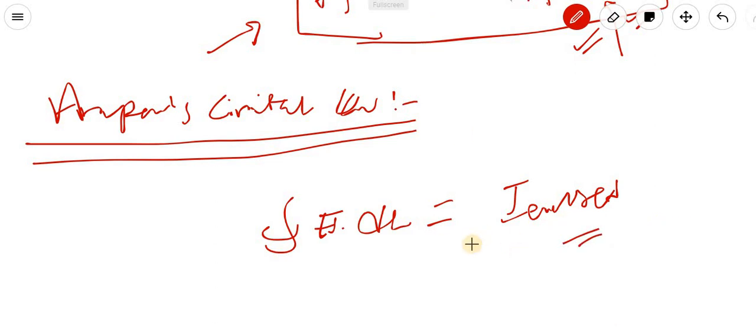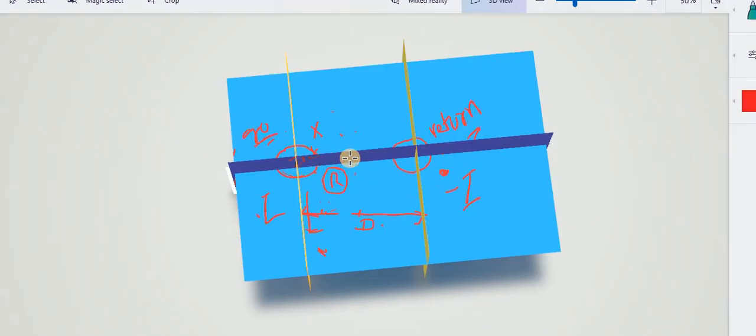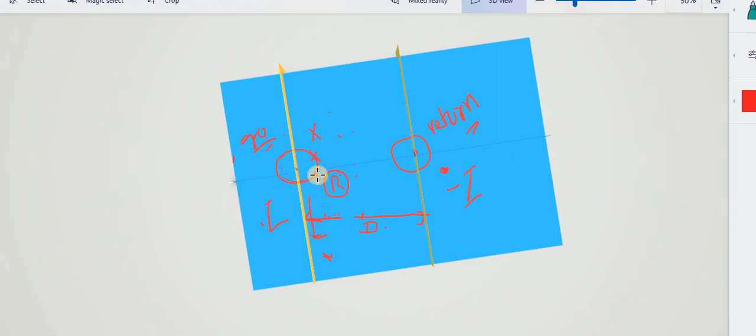Suppose this is the radius R. Suppose inside, at some radius, I consider this radius as rho in cylindrical coordinates, from the origin to this point would be rho, and there is an extra small change, say d rho.